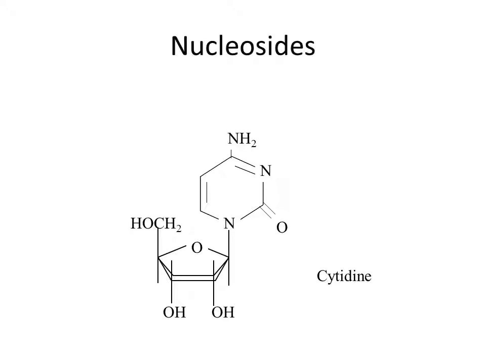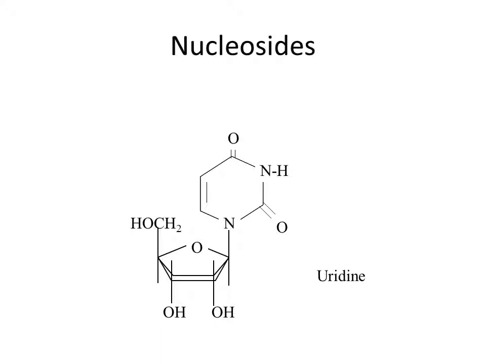Cytidine is made of cytosine on ribose here. And you can see again, the nitrogen is attached to the number 1 carbon in the ring. This is deoxycytidine. Uridine is the nucleoside made from ribose and uracil. Now, you don't ever see deoxyuridine because uridine is only found in RNA.